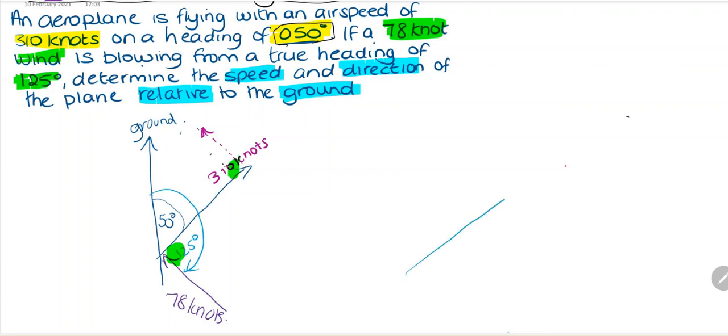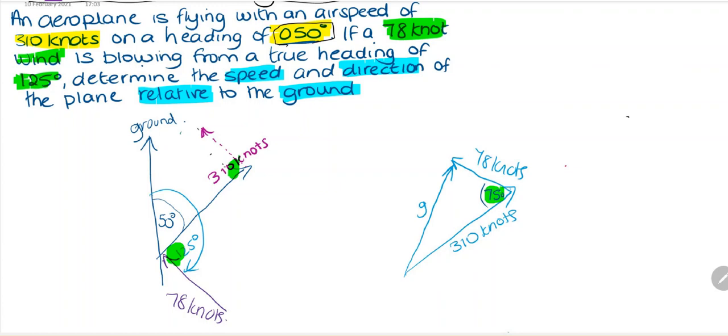So this is my 310 knots. Let's draw that again. So this here can be our 78 knots. This is my angle, 75. So we write that in, 75. And we're going to draw another vector, and this is for our speed. So this is going to be g.